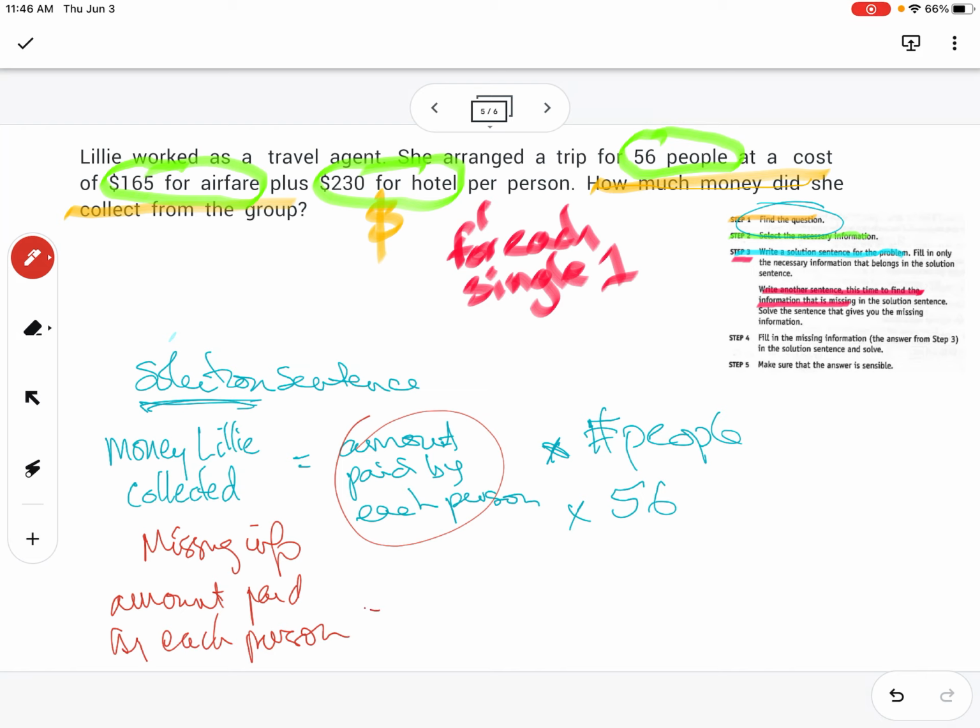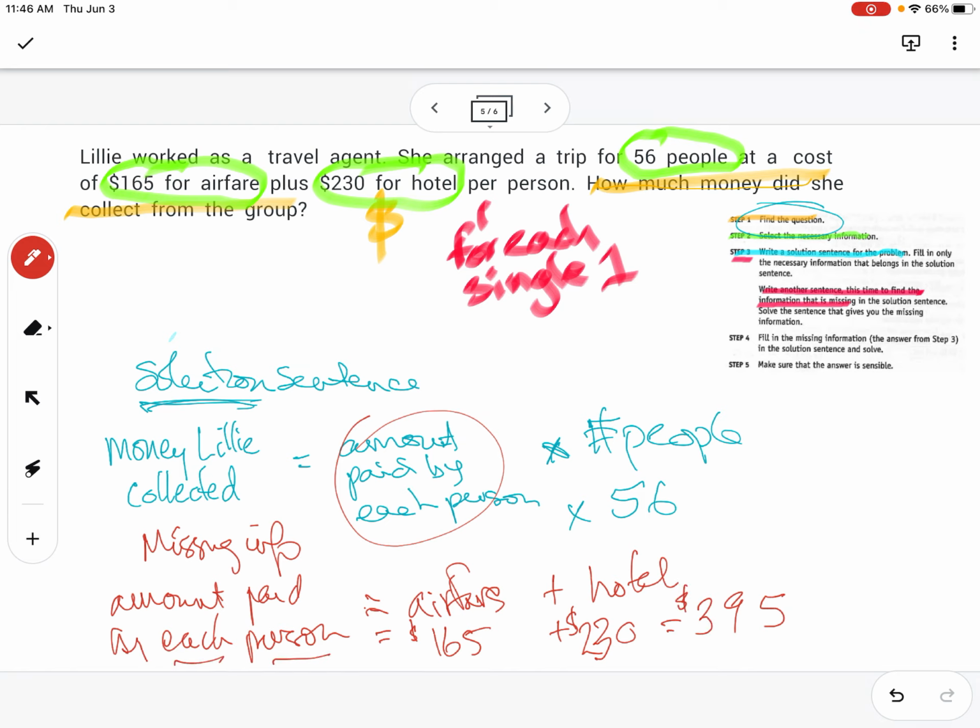And how am I going to find that? Well, that's going to be how much airfare costs per person plus how much hotel costs per person. Those things I know. It's $165 airfare plus $230 for the hotel. That comes to a total of $395 for each person.